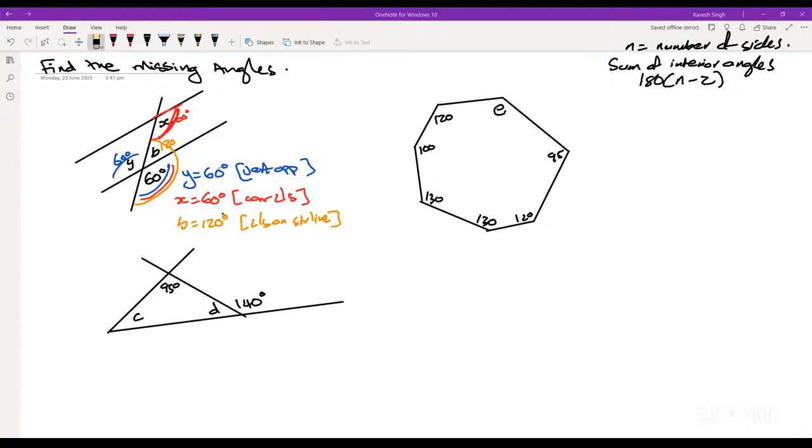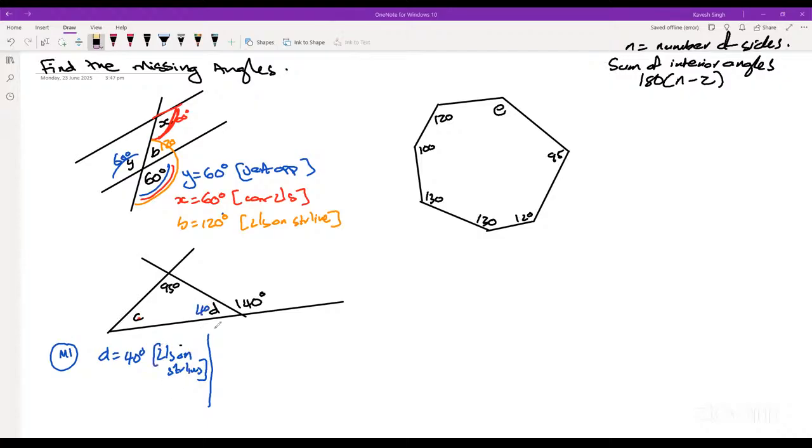Okay, next question. If I want to find c and d, I can do this in maybe two or three different ways. I can first find d, which is angles on a straight line. So let's say I did method 1. I find d. d equals 40, because of angles on a straight line. If I don't need to write the reason, that's okay. But if I do, then it will be angles on a straight line.